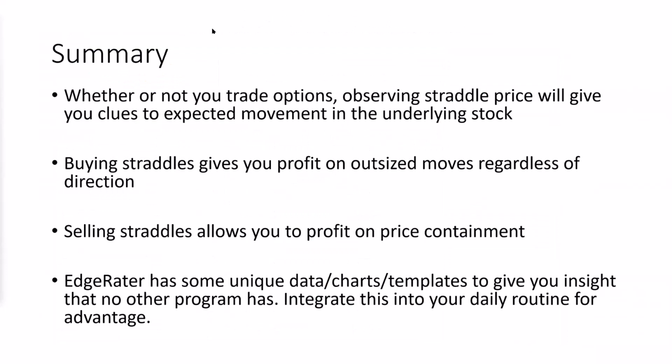Whether you trade options or not, observing the straddle price will give you clues to expected movement in the underlying stock. Buying straddles gives you profit on outsized moves regardless of direction, and selling straddles allows you to profit on price containment. And EdgeRater has some unique data, charts, and templates that give you insight that no other program has.